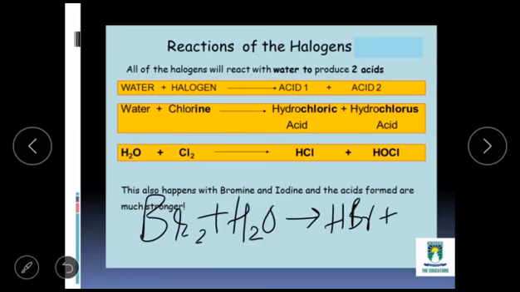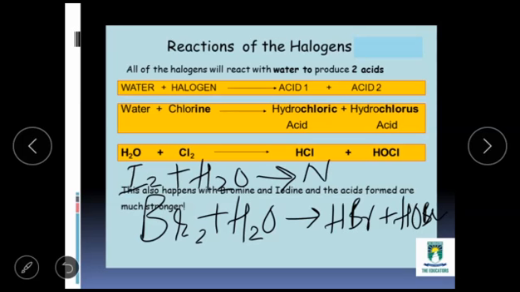HBr and HOBr. And whenever there is a reaction between iodine and water, students, keep in mind that they will never react. So, no reaction.